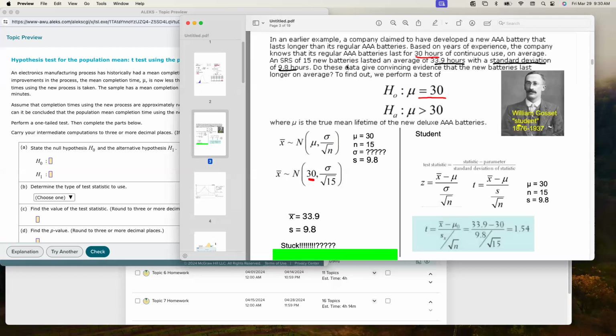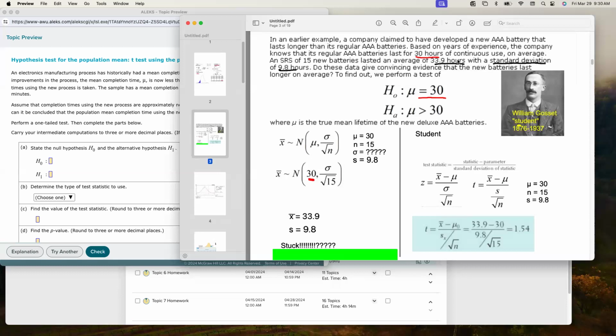So anyway, what we do is we take 15 batteries. We found that they lasted 33.9 hours, and the standard deviation was 9.8. And based on what we talked about last time, we were going to use this normal density to find the p-value. What we're lacking here is the population standard deviation. And this is more realistic, right?